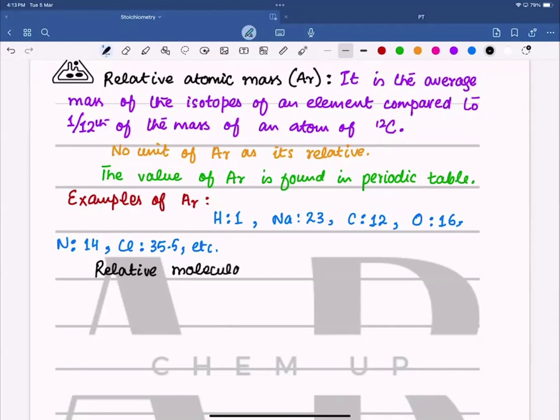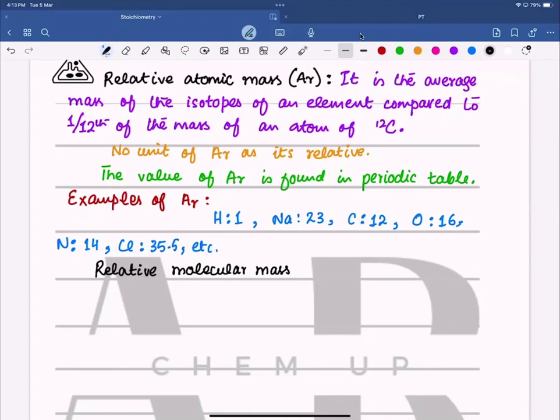Sir, in relative atomic mass, I didn't get the last line which is written 1/12 of the mass of an atom of carbon-12. See, if we take the carbon atom, they have considered that carbon atom has 12 units. Then we relate the mass of every other atom and compare with those 12 units, that as compared to those 12 units, how many units the other atom has.